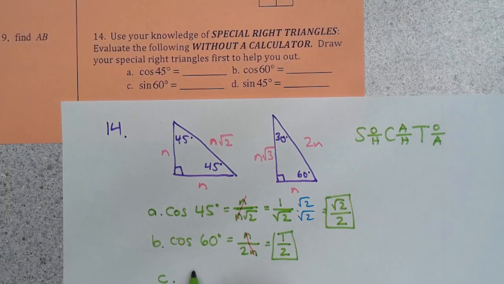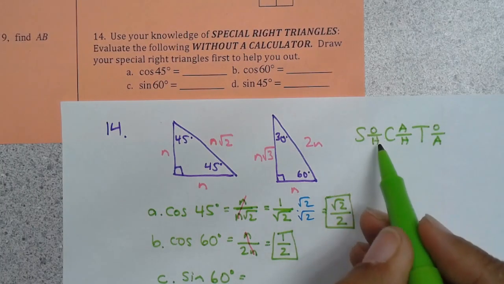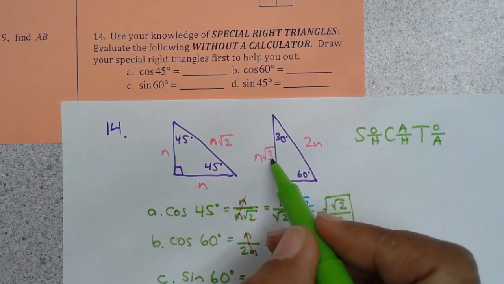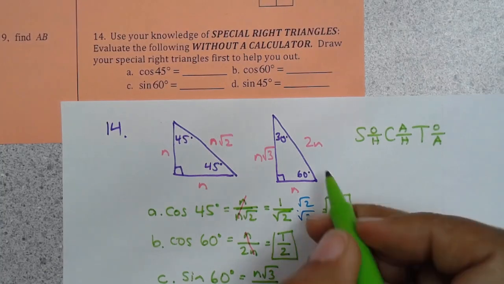All right, let's go ahead and do sine of 60 degrees. We're using the same reference angle of 60, but this time sine is opposite over hypotenuse. So what's opposite of 60? Let's go all the way across: n root 3 over the hypotenuse, which is 2n.